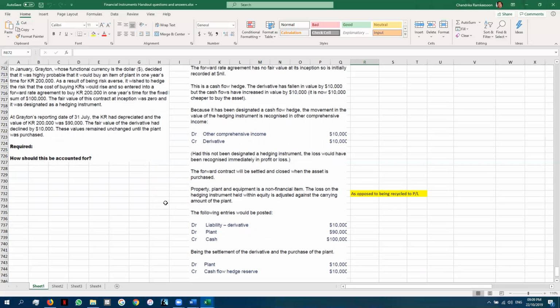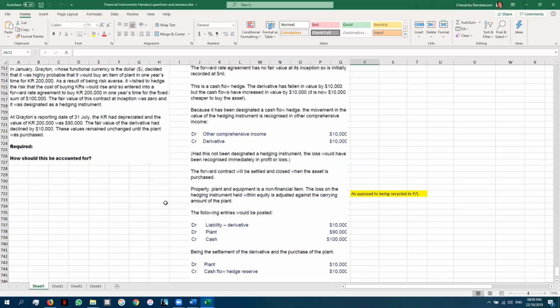the asset itself. Note, had this not been designated a hedging instrument, the loss would have been recognized immediately in P&L. That's right. See, if there was no hedge, let's say this company had not designated as a hedge, they had entered into the derivative transaction, but it had not been designated as a hedging instrument, so hedge accounting couldn't be used.